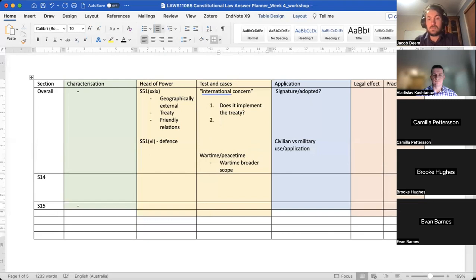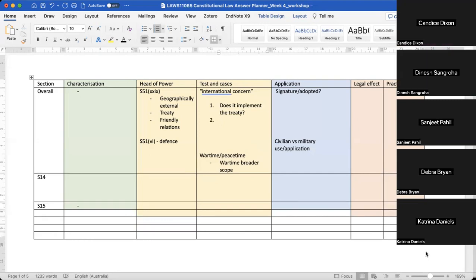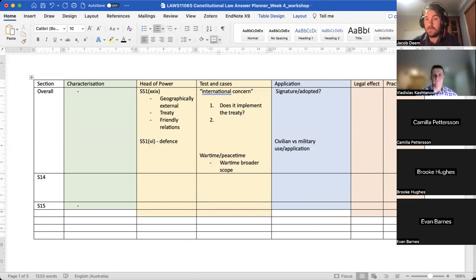Regarding the limitations to the treaty's power, I guess. Yeah, tell me more. Like if the agreement is bona fide or if there is any legislation by the Commonwealth that is related to the treaty. Yeah.